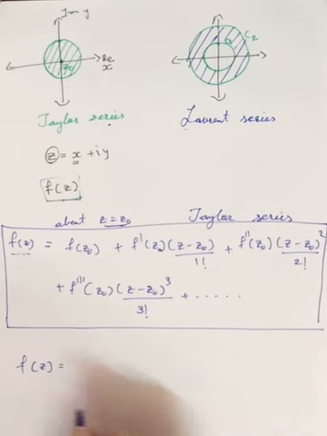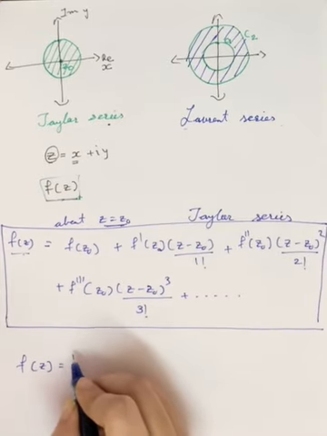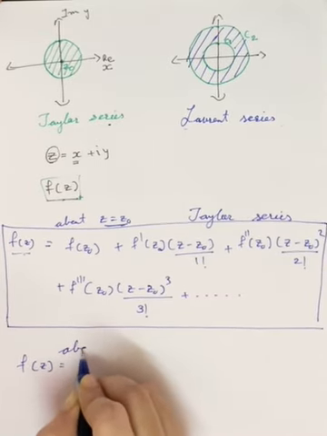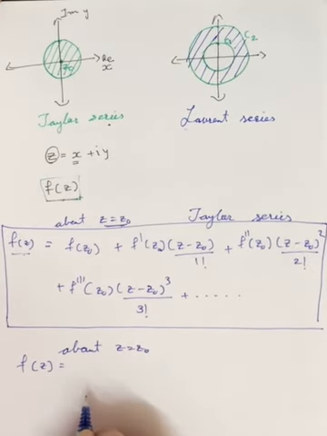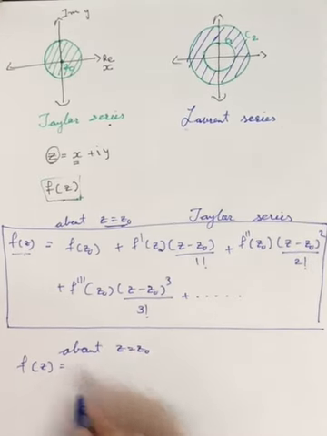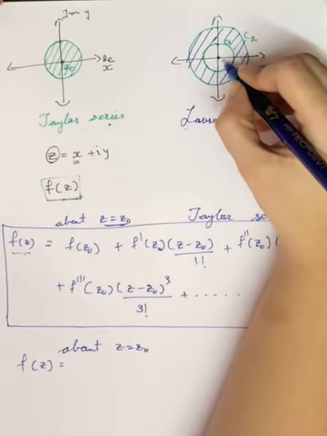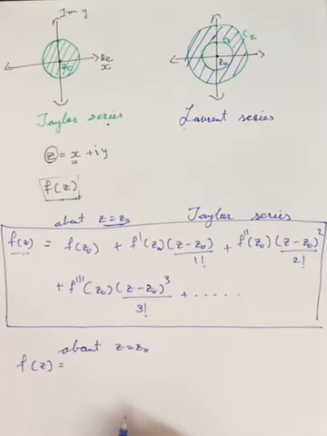For Laurent series, we can have, again it is about z equals z0, and so this is the point z equals z0.